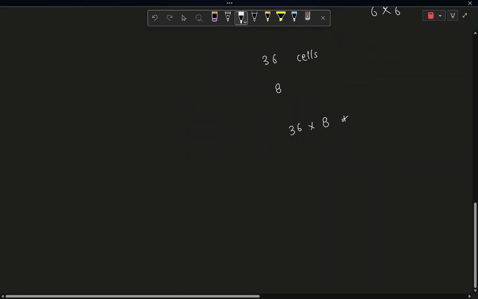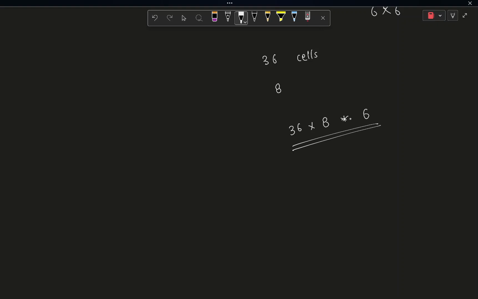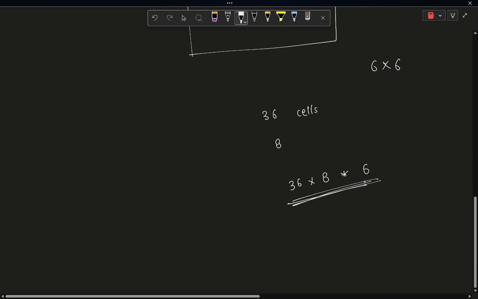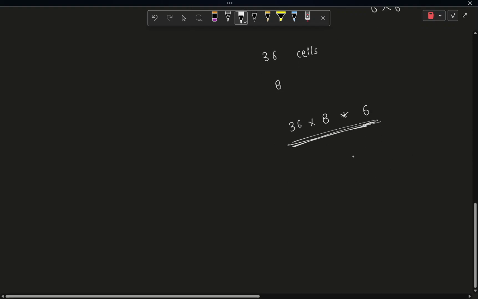So the path length would definitely be less than 6. So for finding all the paths, it takes only this much time complexity.